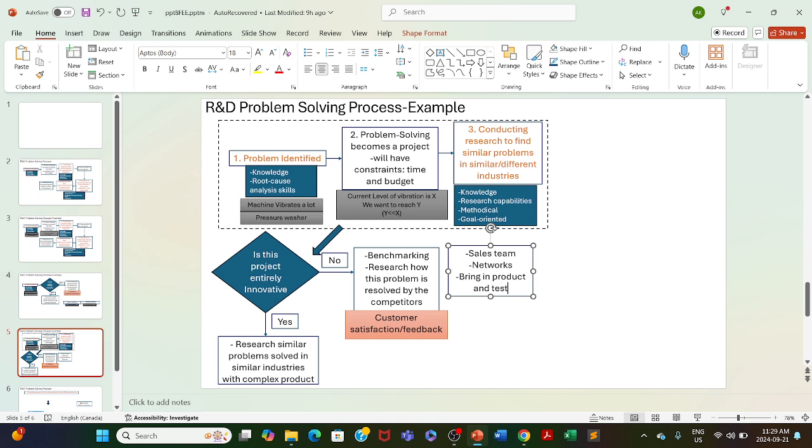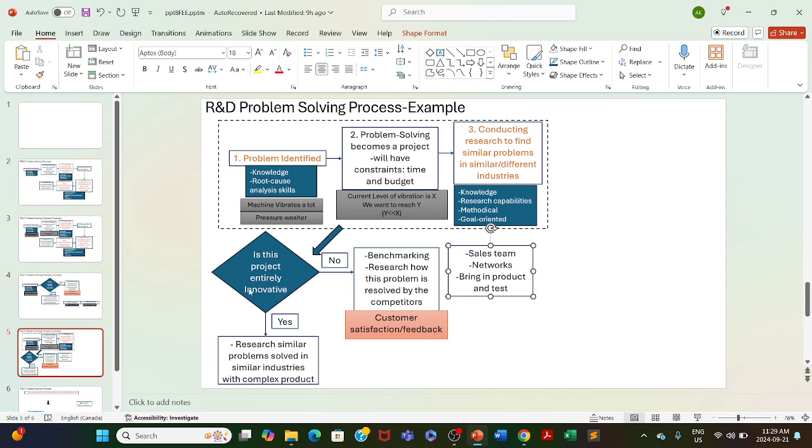That can be another thing. But of course, these are all time-consuming processes. We want to come up with potential solutions first, and we should be able to know exactly how the problems are solved.